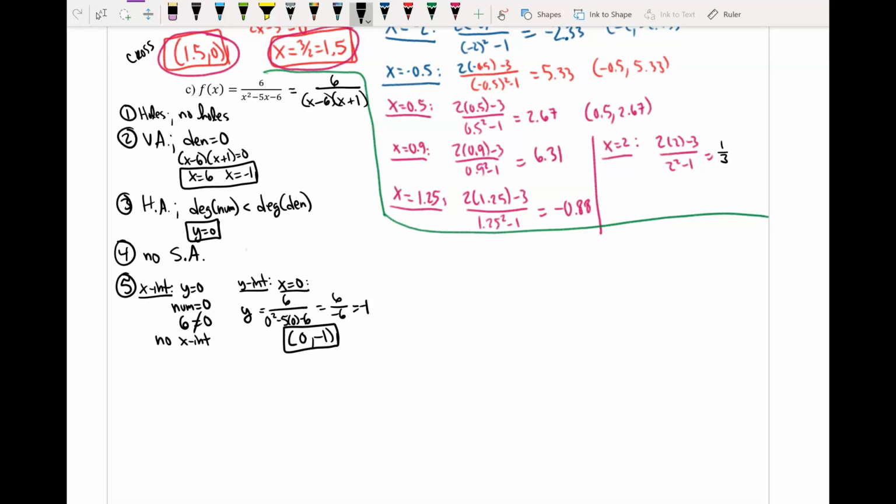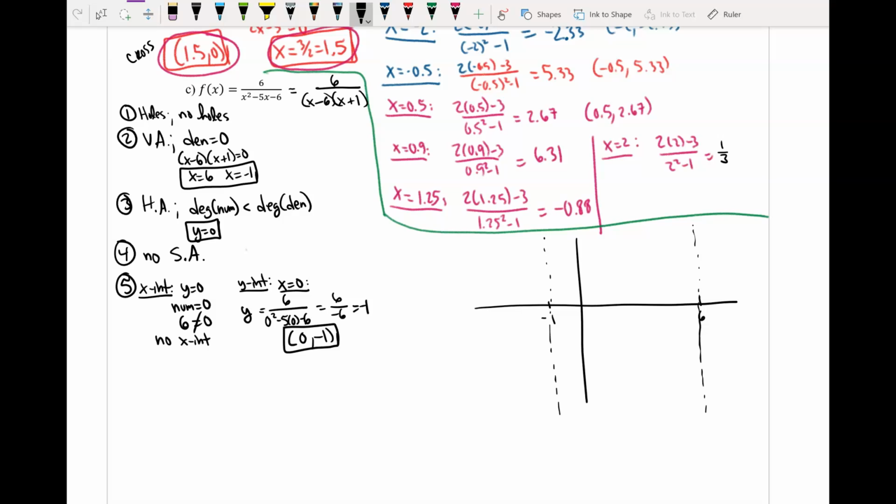Alright, so we got all of our criteria that we needed. Now all we really got to do is go ahead and graph this. We're going to start off with our vertical asymptotes, which is going to be negative 1. And now let's look at our other asymptote, which is 6.